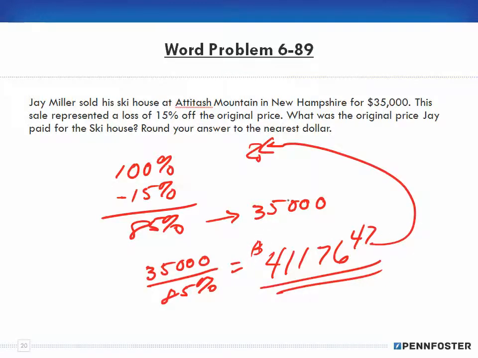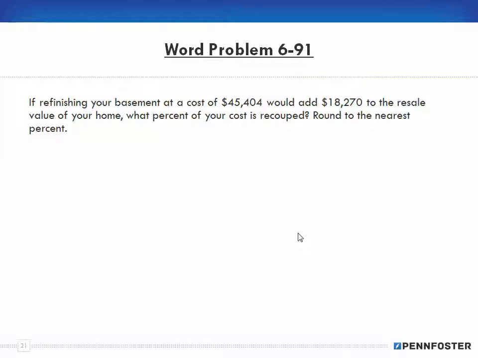And of course, the difference between the 35 and the 41,176.47 would be the discounted amount, the 15%. But we don't need to figure that for this problem. You could do it just to be able to check your numbers. Everything should tie up nice and handy. I should be able to take whatever that discount amount is and divide it by 15%, and I'd still arrive at the 41,176. Okay.